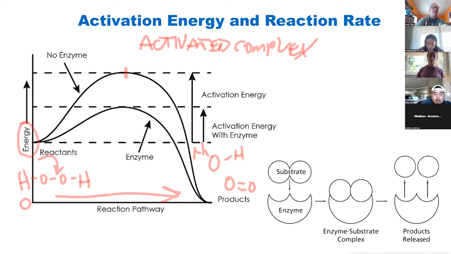You have high energy at the beginning, meaning you have bonds that need to be broken. And as you make products, you form bonds and the energy is decreased. As you're breaking bonds, that takes energy to do. As you're forming bonds, that releases energy.